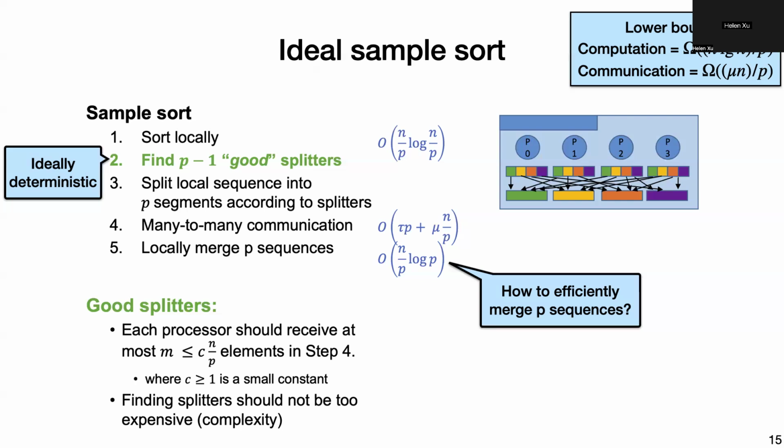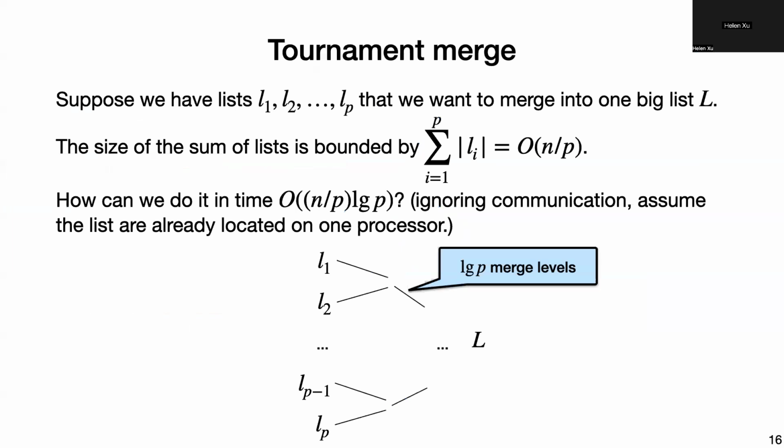You could do it in a tree, I guess. Like P1, rather than shifting them all here, you could shift two of them, two of them. You're saying how do you do it in parallel on one processor?